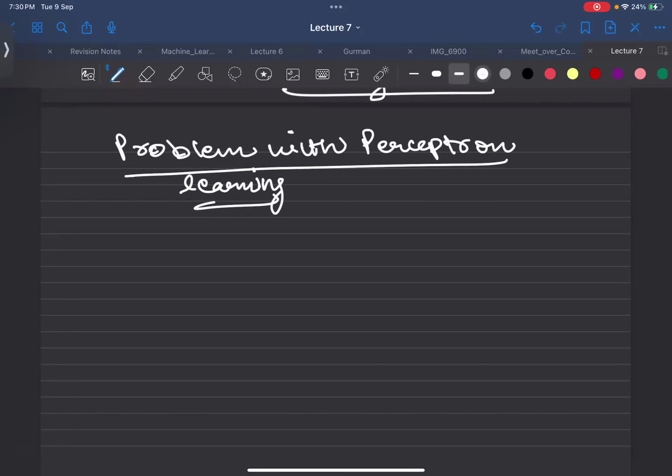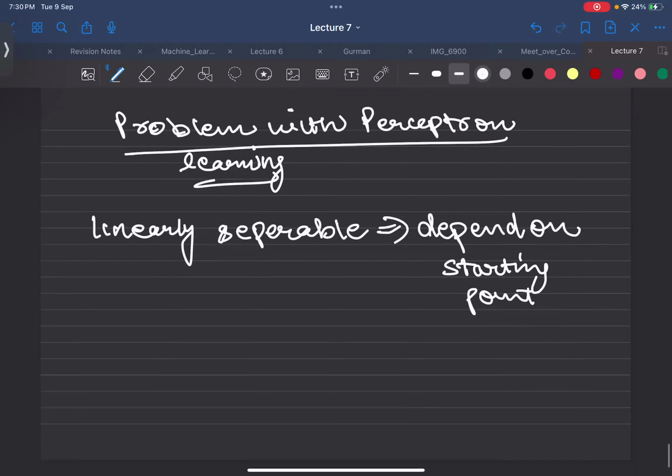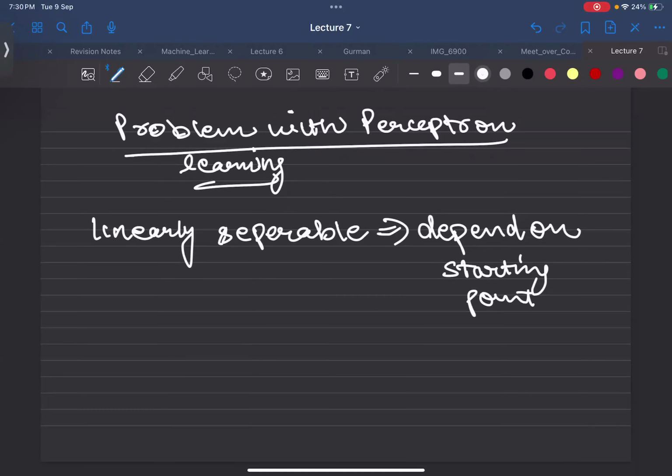The speed of the convergence will depend on the starting point from where we are starting, and we'll take it randomly as we don't know which misclassified point we'll pick up first. But we are finding a solution there. I'll not say optimal. There are many solutions, not only a unique solution.